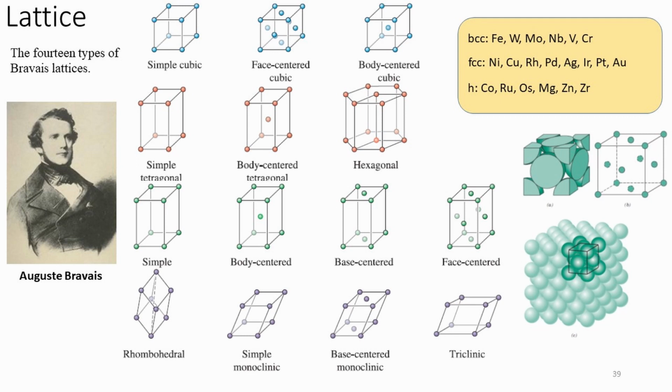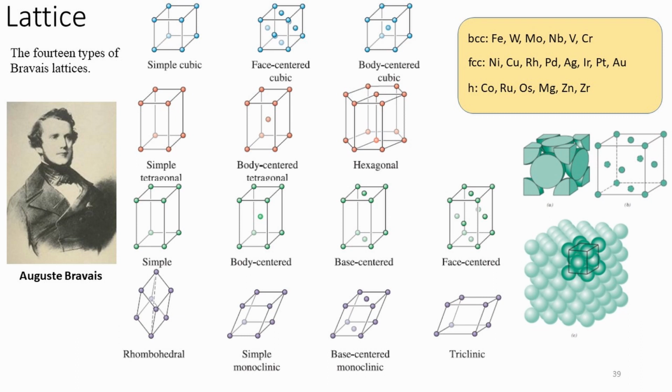There are 7 unique arrangements, known as crystal systems, which can be used to fill up three-dimensional space. These are cubic, tetragonal, orthorhombic, rhombohedral or trigonal, hexagonal, monoclinic, and triclinic.